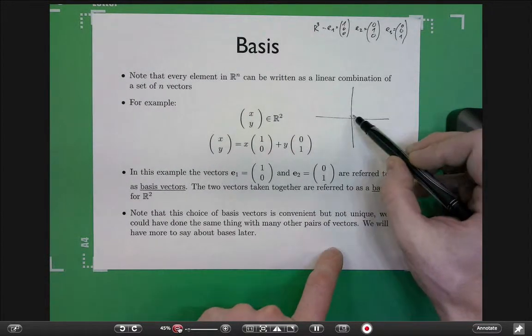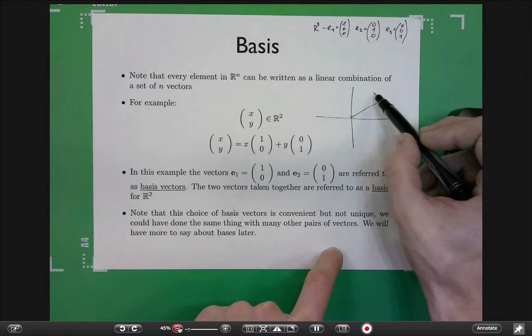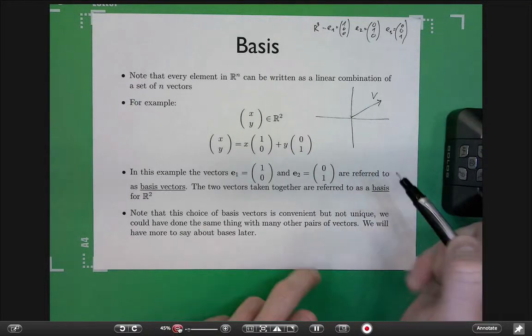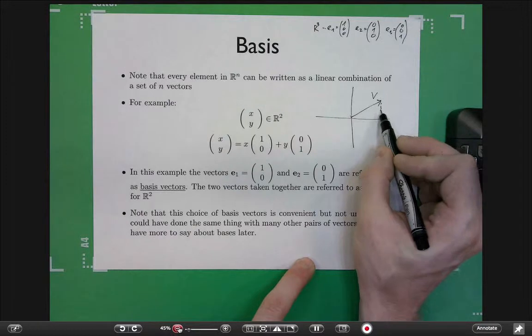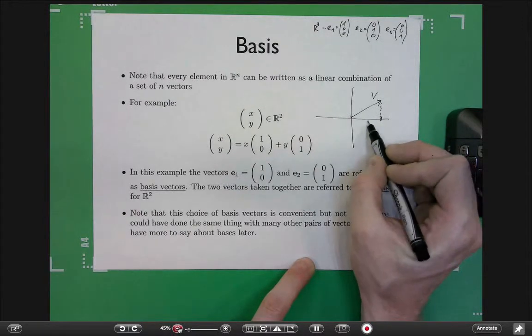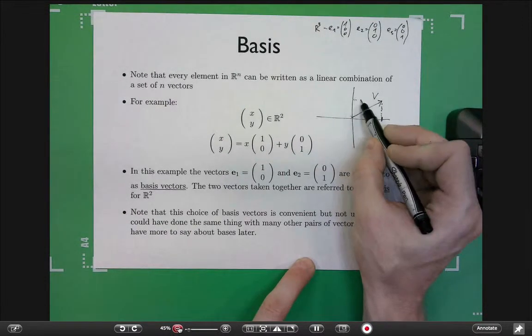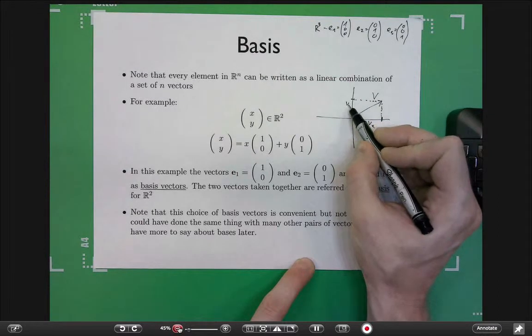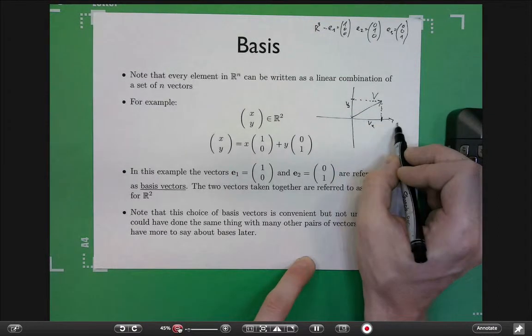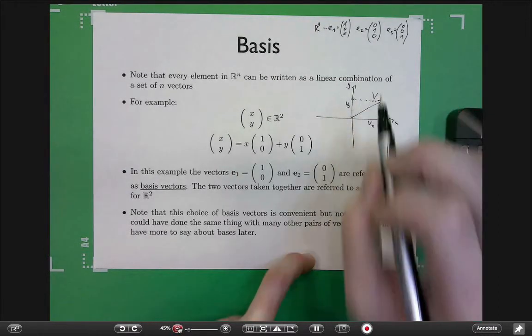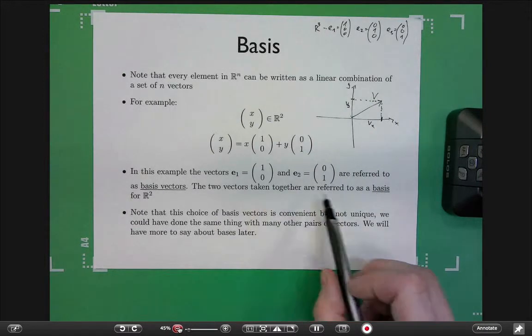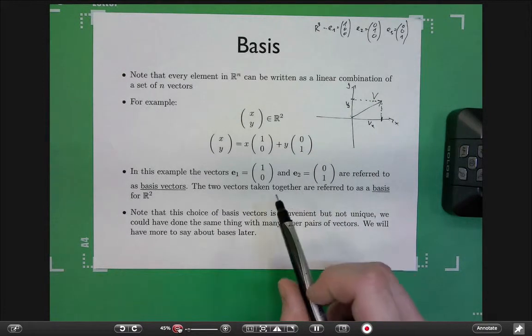When I was drawing some vector, saying look, here is a vector v, and there are some coordinates, I just said there is some v_x thing, and here is some v_y thing. That's exactly the same idea captured with the concept of basis.